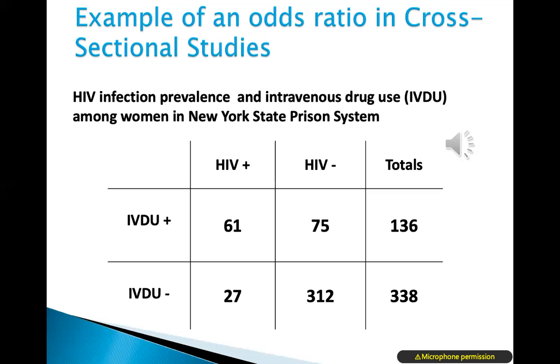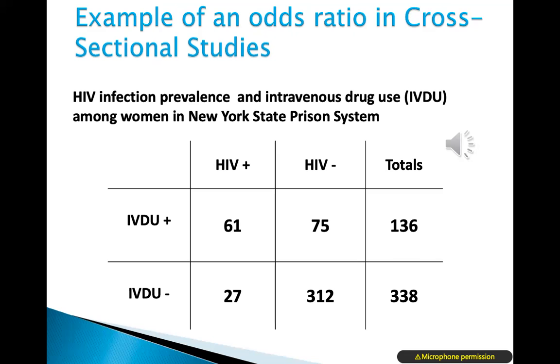second row. So if we follow the AD divided by BC, as we determined in the last slide, then we get 61 times 312, which ends up, by the way, being 19,032 for the numerator. And then if you multiply 27 by 75, you get 2,025. You can do the math, by the way, with your own calculator.